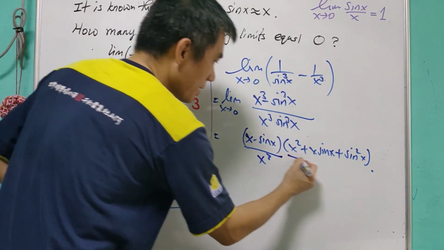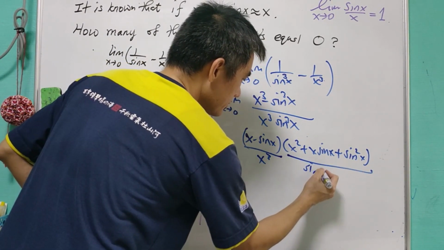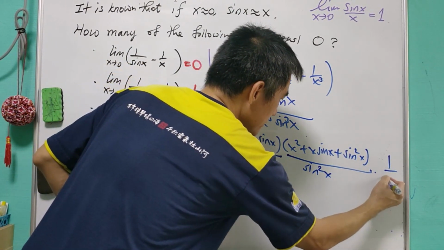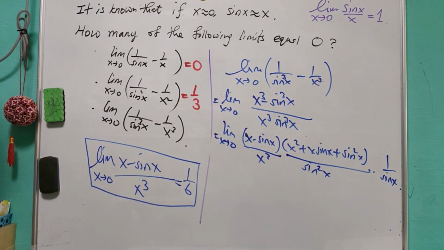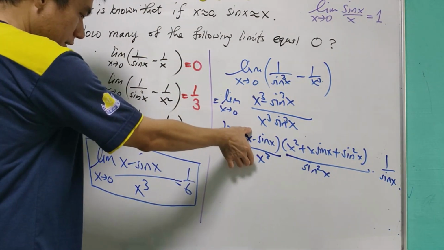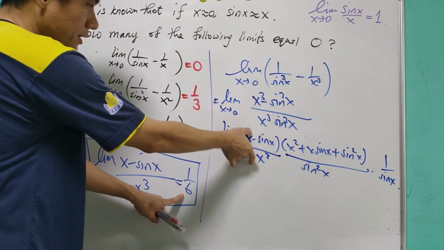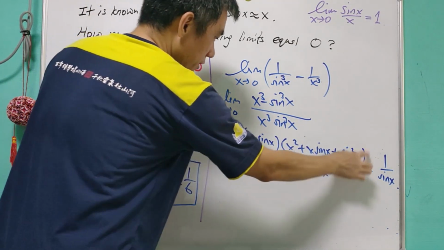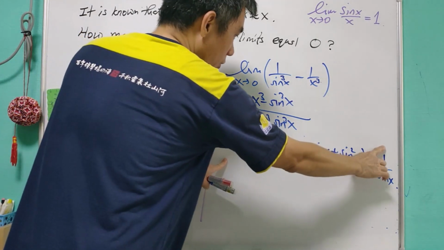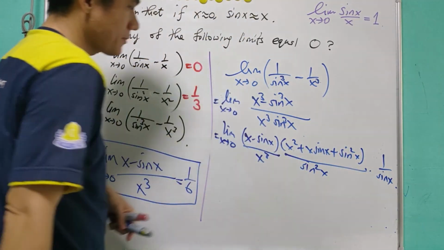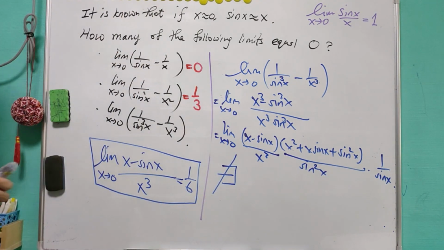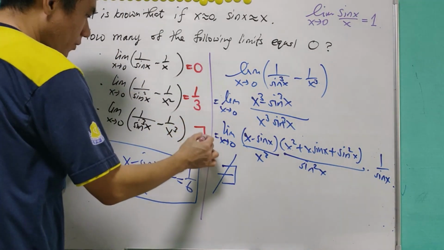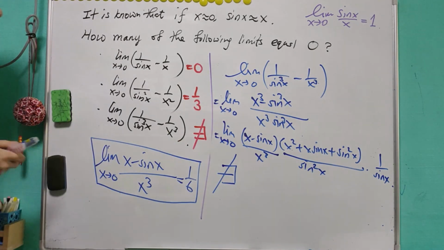For sin cubed x, it can be written as sin squared x and 1 over sin x. Now notice that when x goes to 0, this limit is equal to 1 over 6. This limit will be equal to 3. However, the limit of 1 over sin x does not exist. So overall, the limit does not exist. And it concludes that for the third one, the limit does not exist.